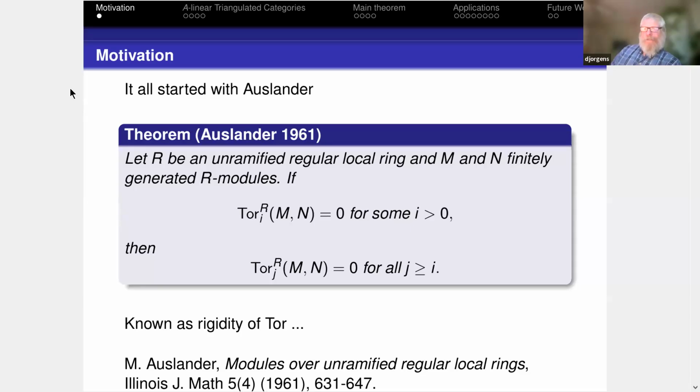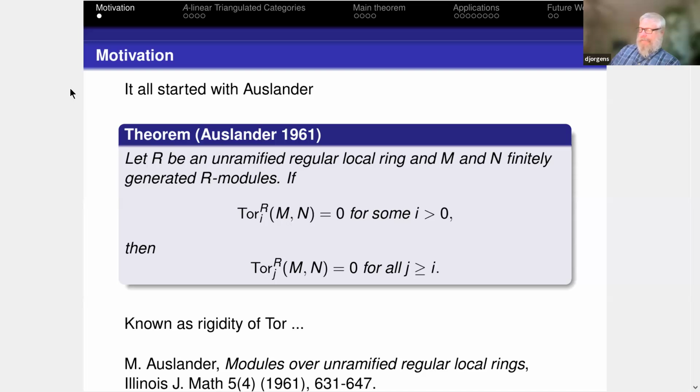So you needed some extra hypothesis. One possible hypothesis was, since everything over a regular local ring has finite projective dimension, let's assume that one of the modules has finite projective dimension. Then is the rigidity of Tor still true?